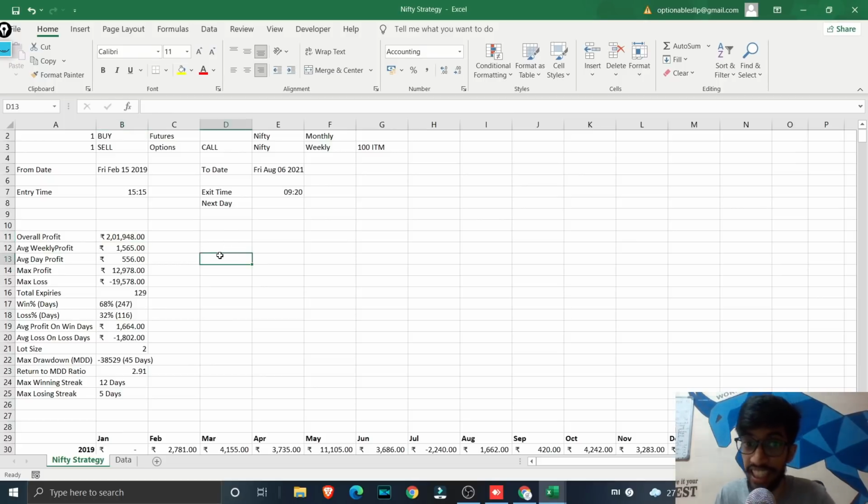So Wednesdays have been excluded and Thursday StockMark is not going to take. Only by repeating this on Monday, Tuesday and Friday, you're getting this particular result. On the days when you win, you're going to make an average of 1,600 rupees. On the days when you lose, you're going to lose 1,800 rupees.